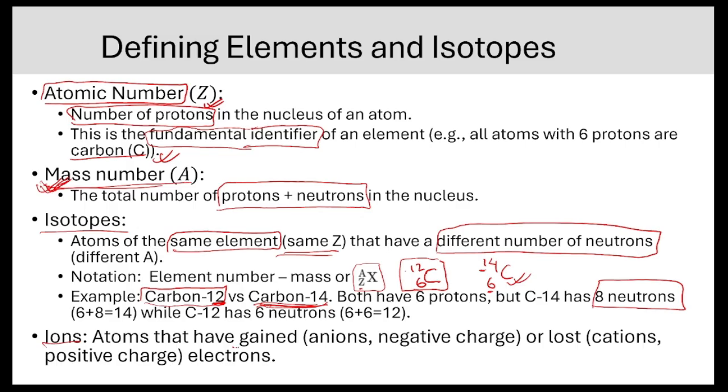If an atom loses an electron, there will be a net positive charge because there is a higher number of protons than electrons, and we call it a cation.